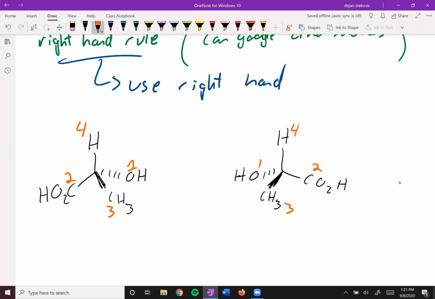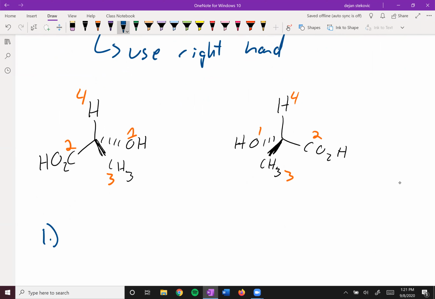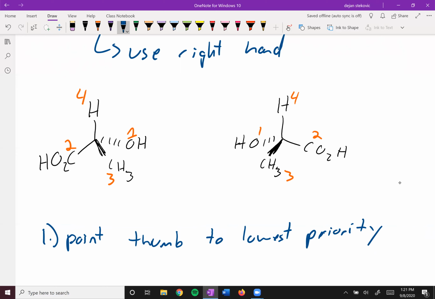Cool. And so what you're going to do here is take your hand and point your thumb, open-faced, to the lowest priority. Right, so if you've got your hand here, your thumb is going to be pointing up at this hydrogen.